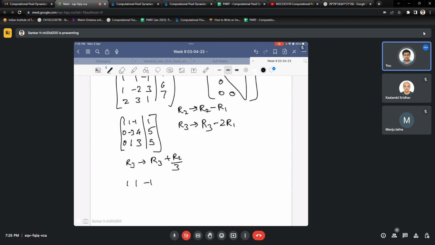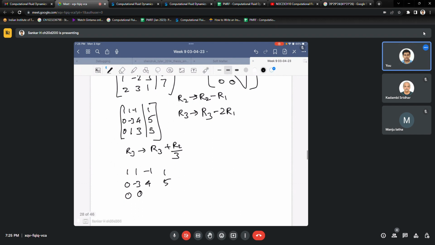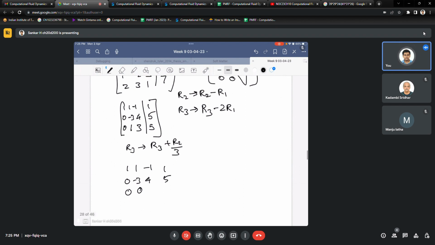We use that to find our number over here. It will be 0, it will be again 0, 0 minus 0 will be 0, 1 plus 3 times minus 1 by 3 will be 0.